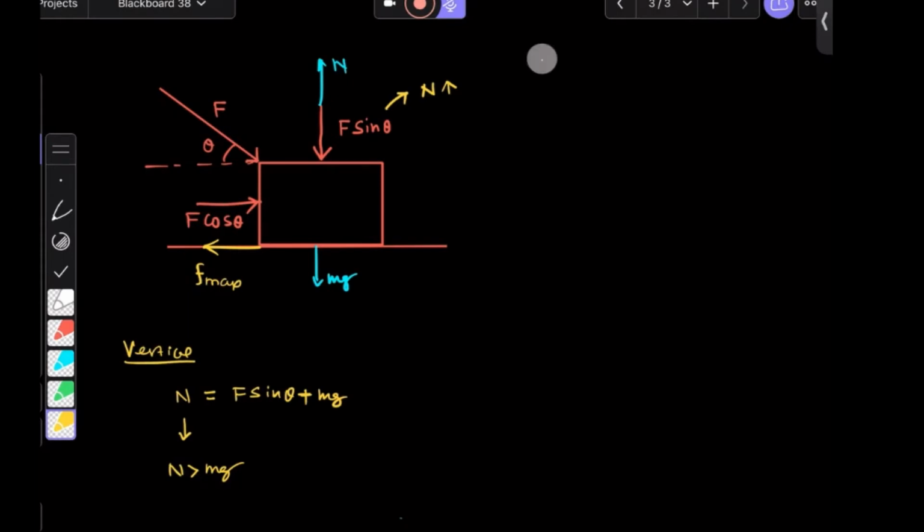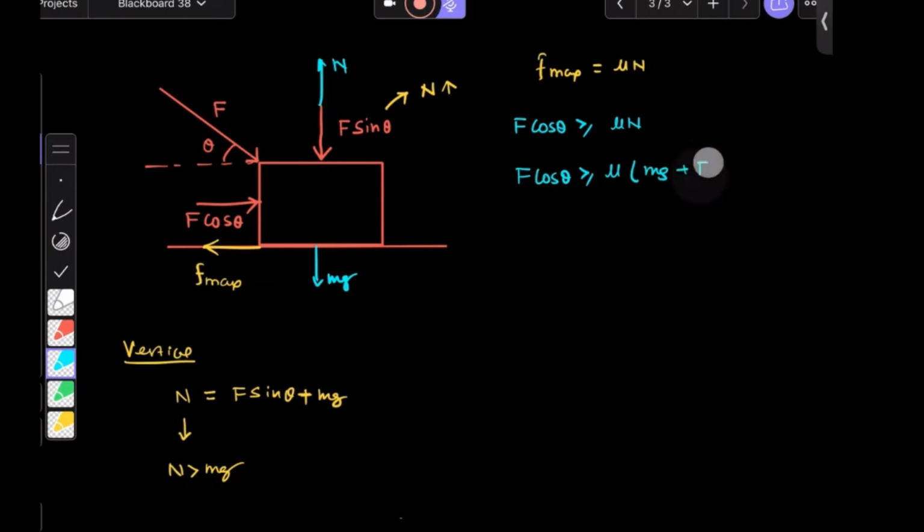So the maximum friction force is mu times the normal contact force. For us to be able to drag this block on the surface, F cos theta must be more than or equal to mu times the normal contact force. So F cos theta is more than mu times (mg plus F sin theta).